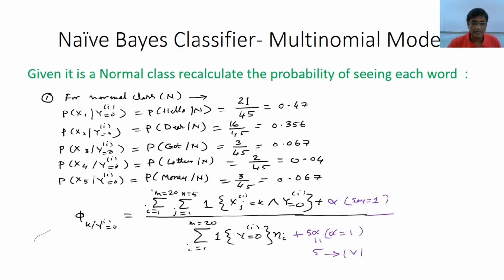So this is again very simple. We wrote the earlier generalized formula for calculating the probabilities, and the way we have calculated here is exactly the same. We have 20 samples in the normal class, so outer loop, and in the inner loop we are counting the word frequency, so this is ij.